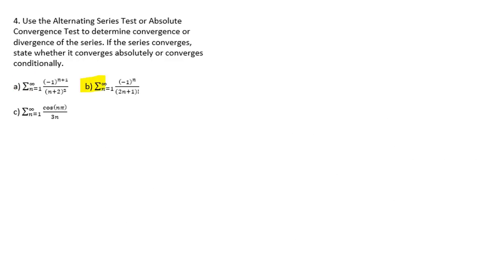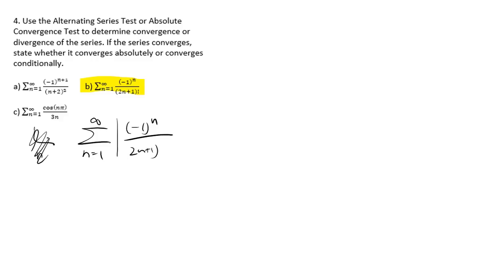Now let's work on the second one. If you take the limit, and this one, if you think about the absolute version, if you take the absolute value, that means that this part where the change of sign is happening is ignored.